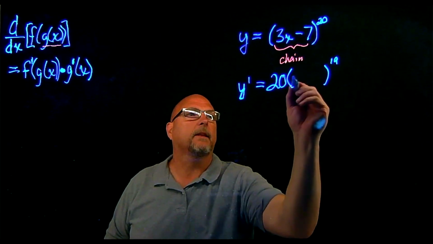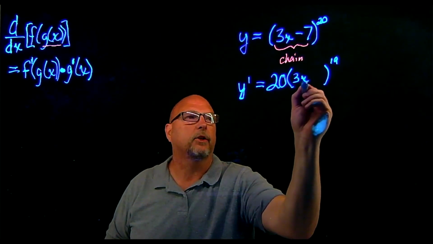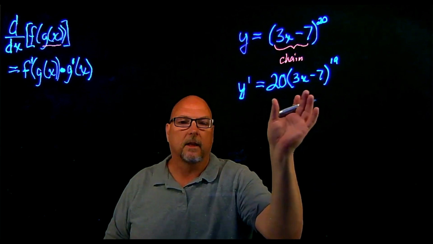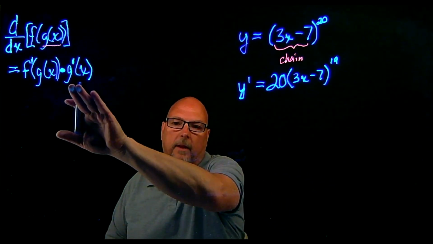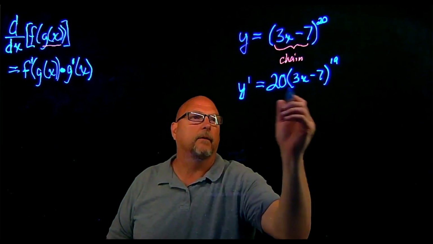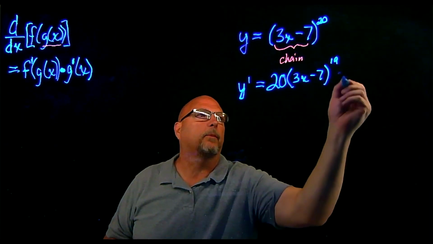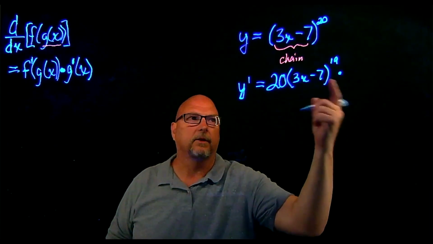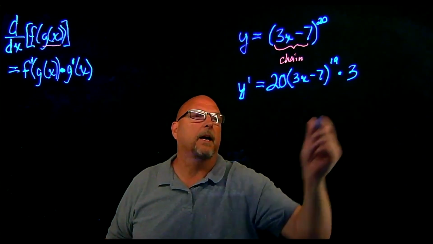So what's in the parentheses is still going to be our chain. We don't do anything with the chain in the first step. The last step is to multiply by the derivative of the chain. The derivative of 3x minus 7 is 3, so we'd multiply by 3.